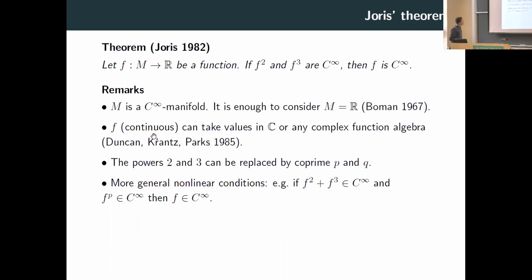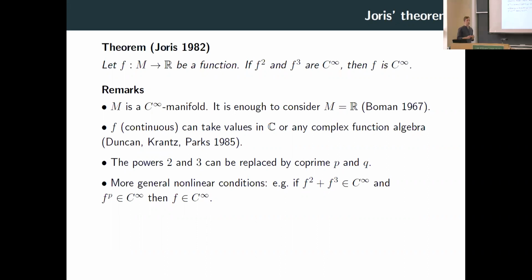I put here "continuous". Just for safety reasons, let us always suppose that F is continuous. It's actually not necessary in Joris' theorem. The reason is that the cube has a global inverse.